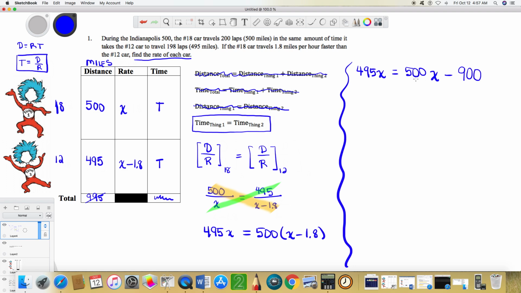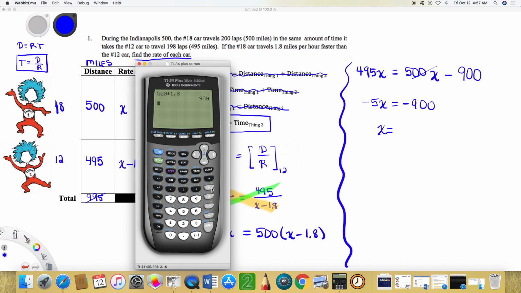All right, so if I subtract 500x from each side, I've got negative 5x is equal to negative 900, divided by negative 5. And I'll get 180.